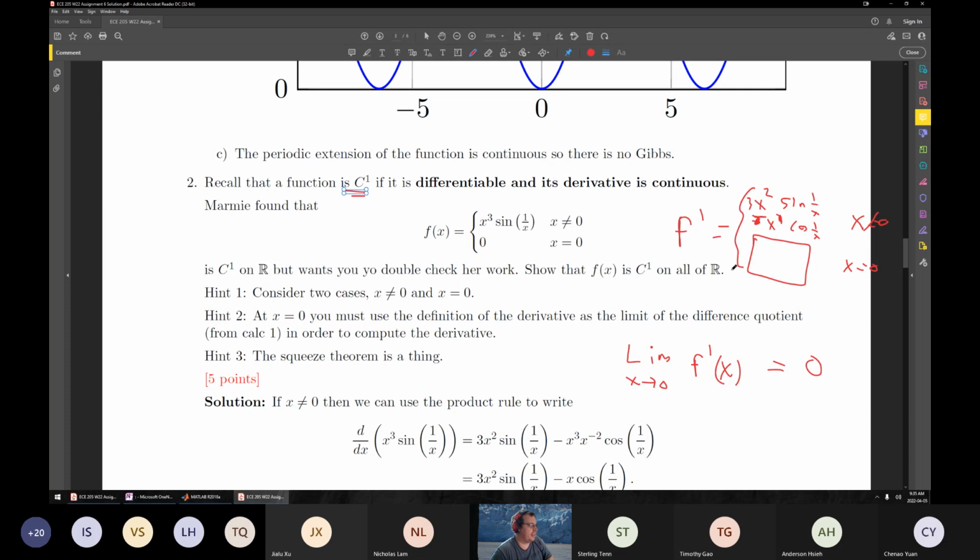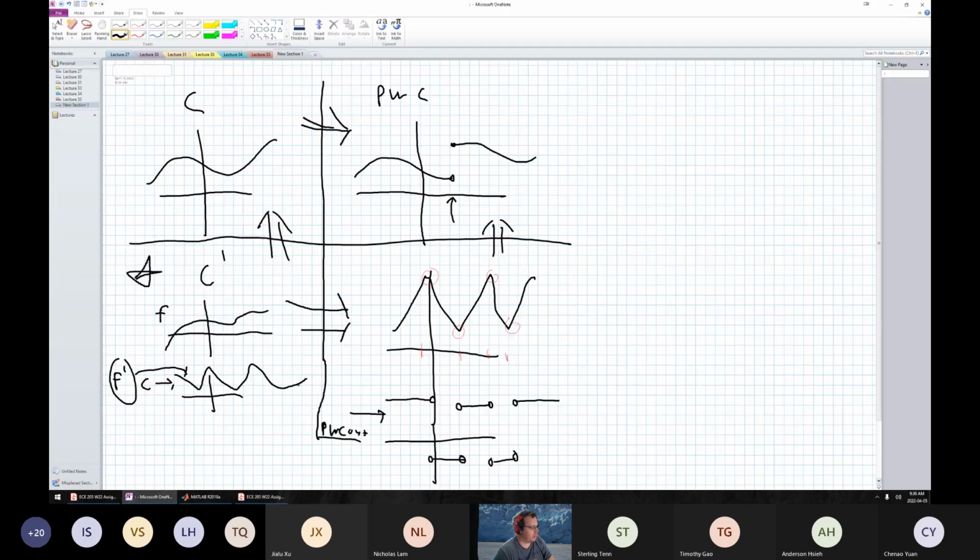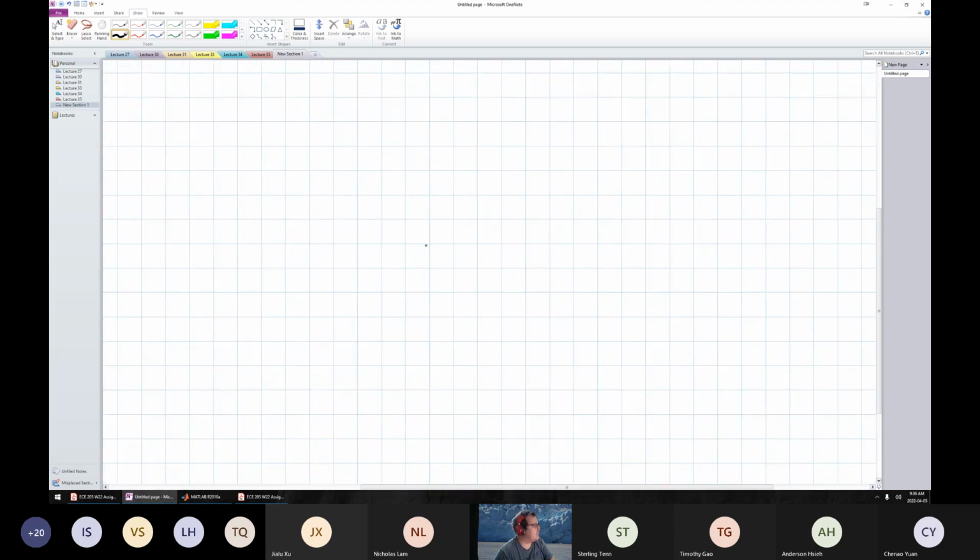The issue here is the function changes definition at 0, right? So it looks like this. At 0, I have the point here. I'll just do this in one note because I have higher resolution there. At 0, my function is 0. And away from 0, it's going back and forth. It's decaying, but it oscillates really, really fast.